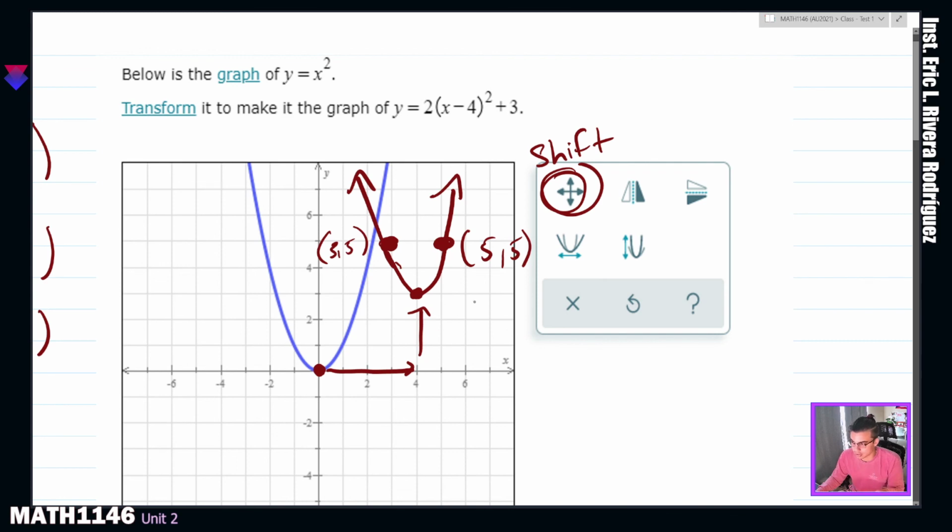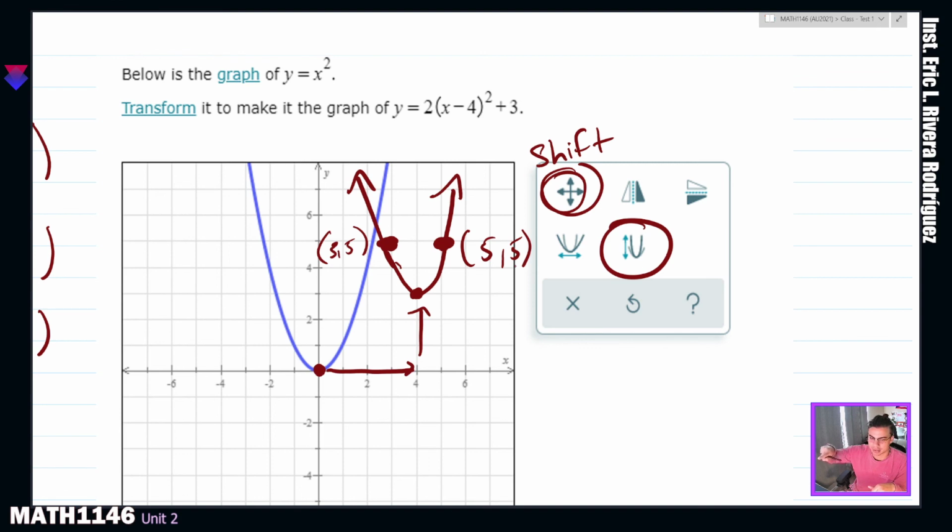But you are not done yet because we have a vertical stretch. Then you need to do a vertical stretch, and this is the tricky part, because your graph needs to align with these points here. You need to play with your mouse until you get the right graph. And here is when things can go very wrong.